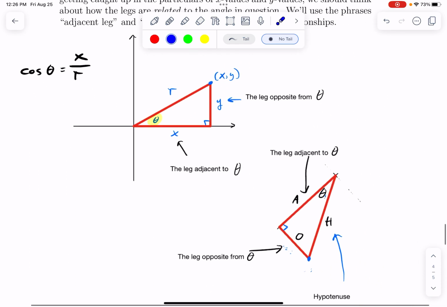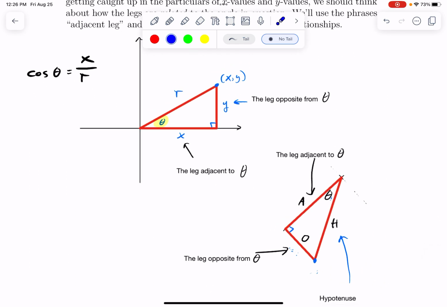So if we go over here, we'll notice it's the same relationships, but I'm labeling it differently. Here is my angle theta. I no longer have x and y because I've moved this around. But we can think about what the relationships are. Over here, x was the top. But what was x?